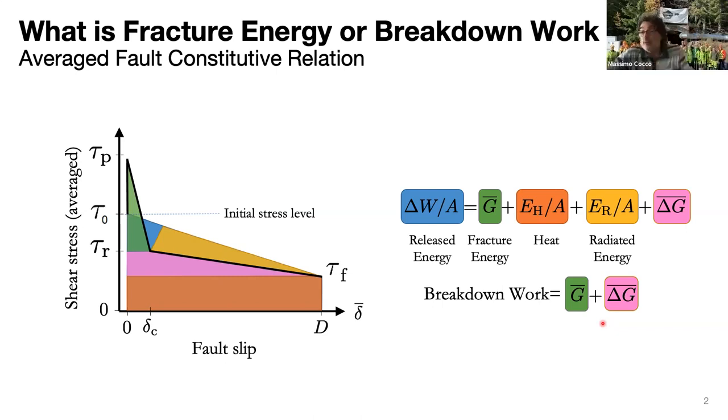How it is partitioned is another question, but we should remember that the breakdown work could be macroscopic, or not measurable, or even less. In my opinion, we should at least try, as David was saying, to agree on the terminology. So the breakdown work is the integral of the whole stress evolution.